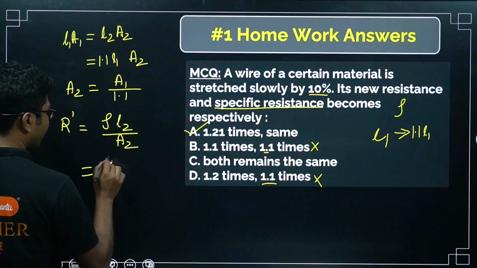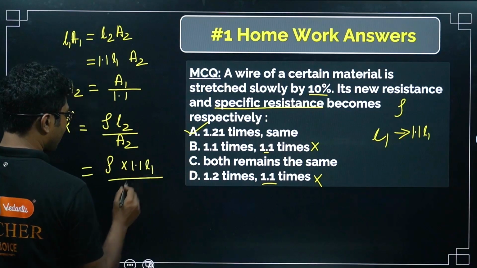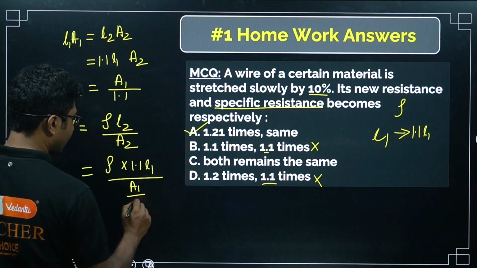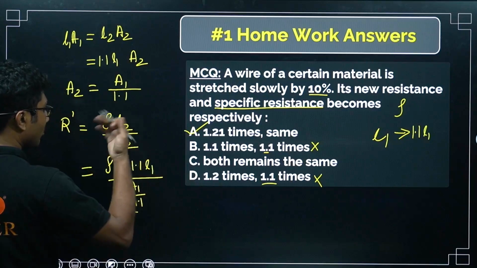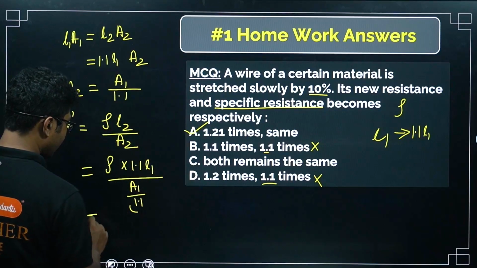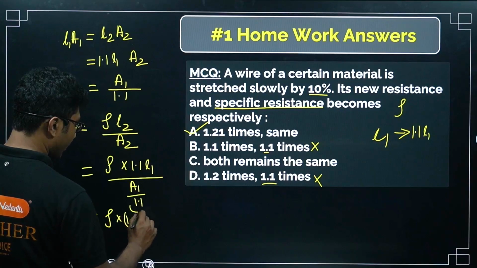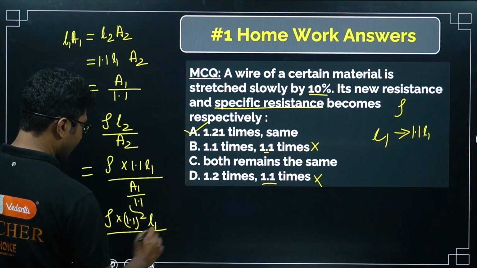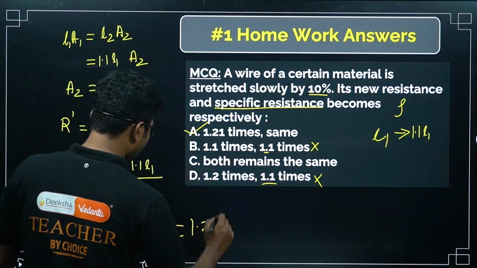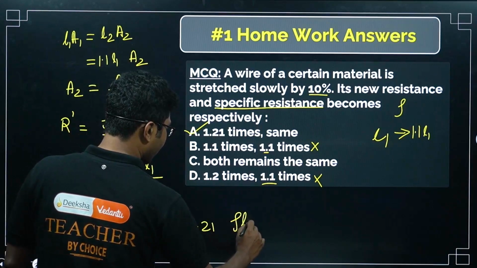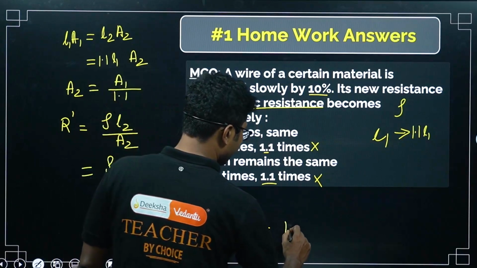Here L2 is 1.1 L1 and A2 is A1 divided by 1.1. This 1.1 is in the denominator of the denominator, so it will go up to the numerator. So it becomes rho times 1.1 whole square, L1 divided by A1, which is 1.21 rho L1 by A1. So it is basically 1.21 times.